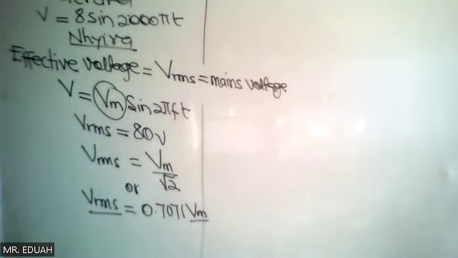Now, therefore, what have you had? Priscilla, what have you had? V naught to be equal to 113.